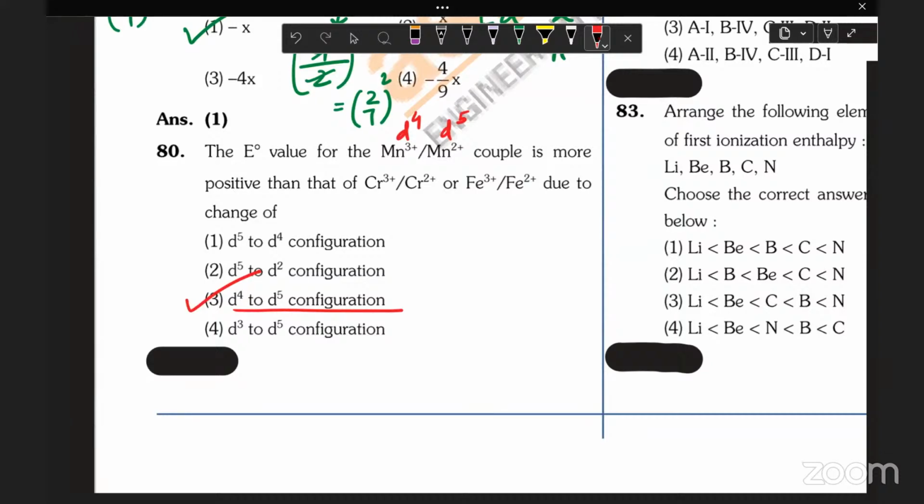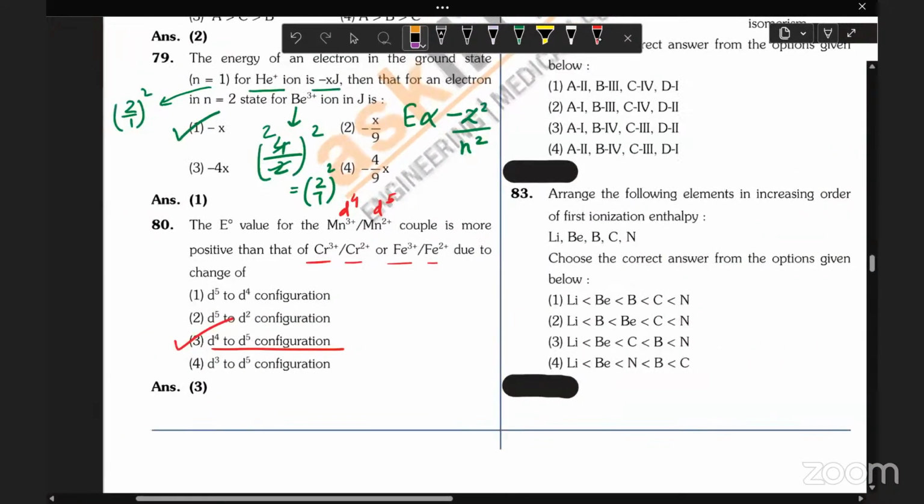You can calculate the electronic configurations for chromium and ferrous and ferric also for the different oxidation states, and you'll see that only for Mn it is coming out to be a half-filled d orbital. That's why it is extra stable and the value is more positive. The reaction Mn3 plus to Mn2 plus is going to be more spontaneous in this case. I hope that makes sense. Cool. That's the right answer.